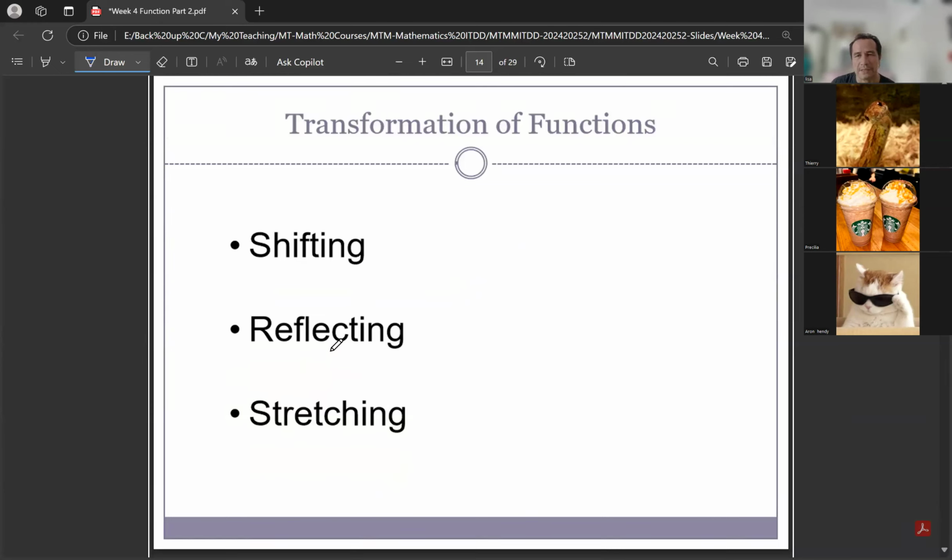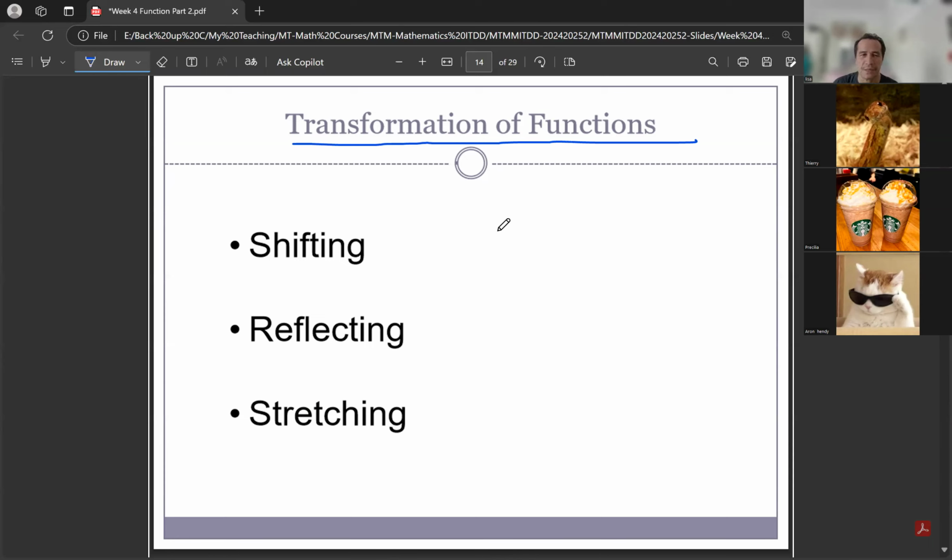Okay. Next, we go to the next concept. In this concept, we will talk about transformation of functions. A function can be transformed into a new function by using the transformation of its graph.